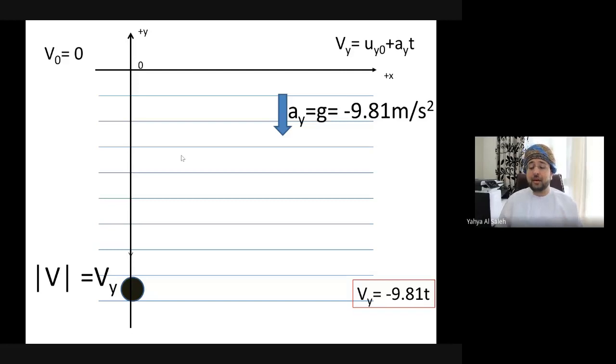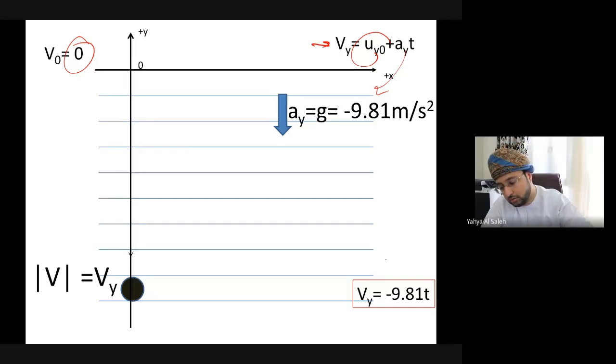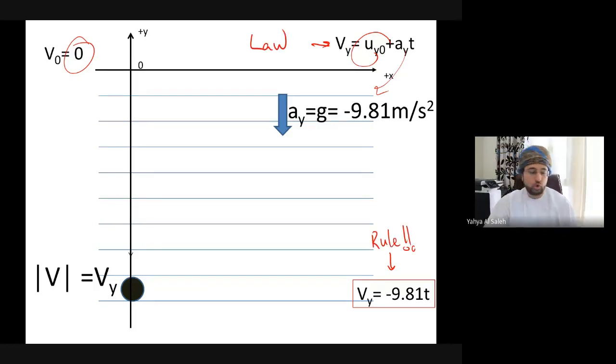So if I put in the numbers, my initial velocity is equal to 0. My A is minus 9.81. So what is my equation of motion going to be? Minus 9.81 T. Remember, beginning of this lecture, I told you law and rule.